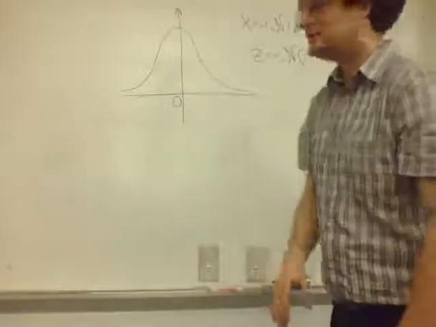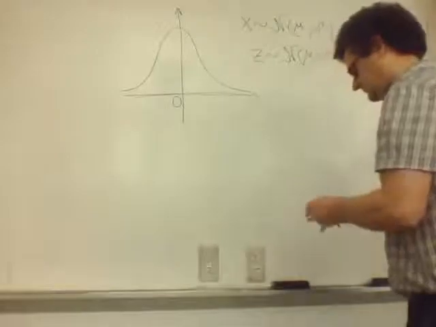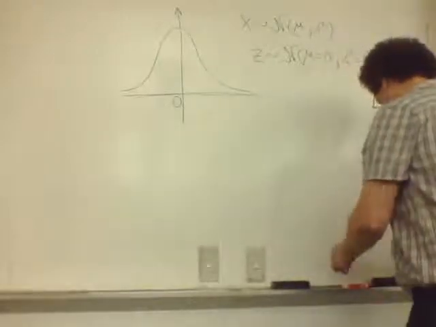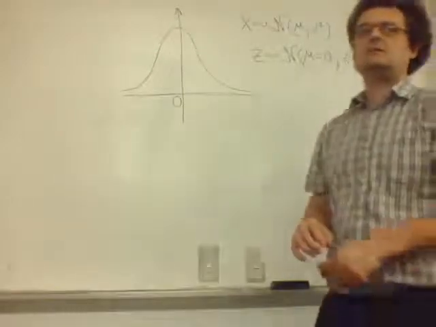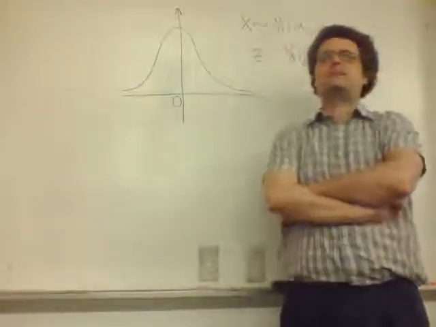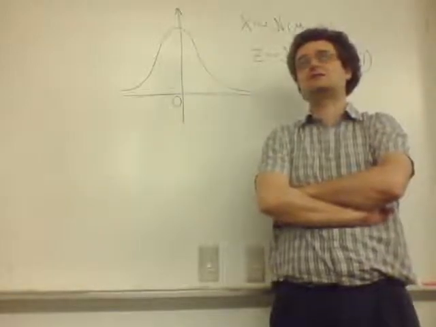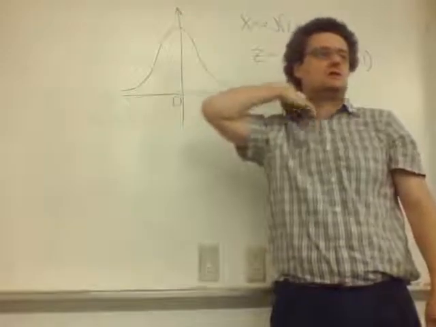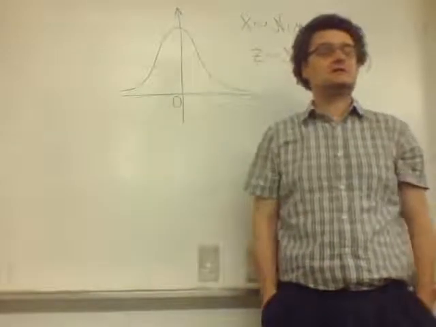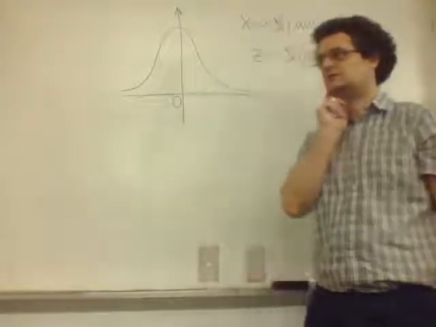Now it turns out that in nature, the normal distribution appears in very many situations. There is a reason for that, the so-called central limit theorem, which explains why the normal distribution appears very often in nature, and we will discuss it shortly.